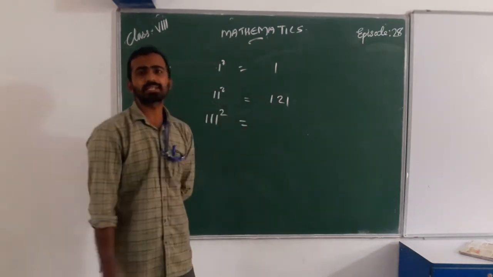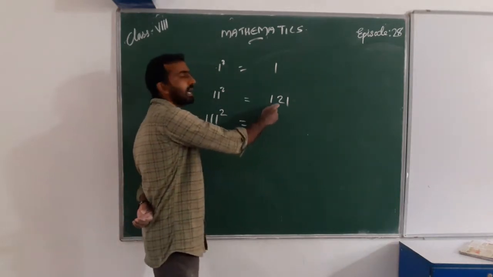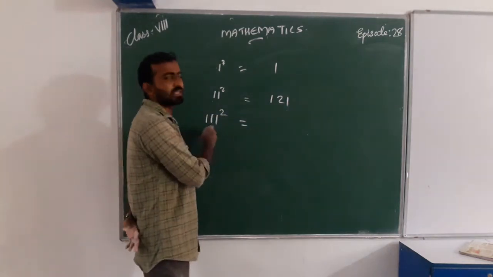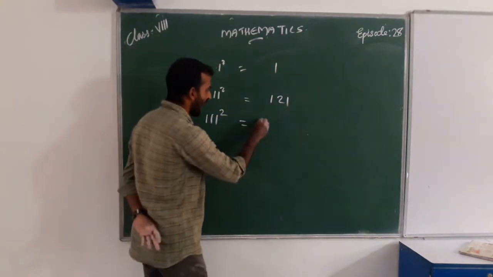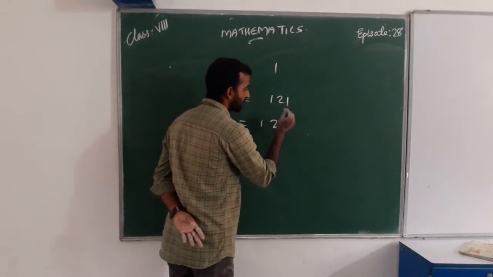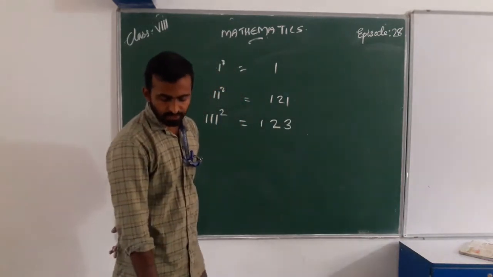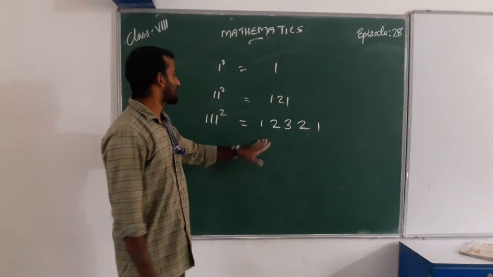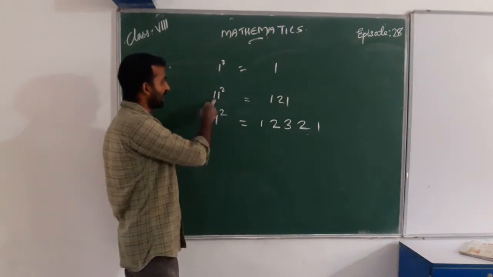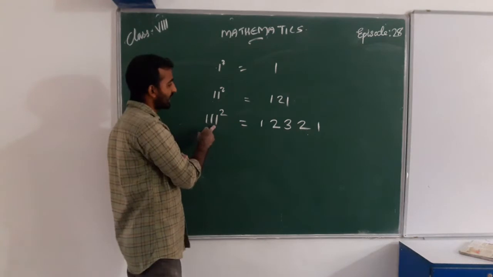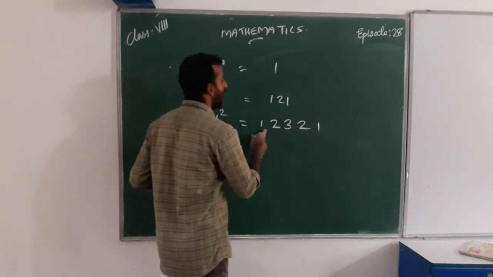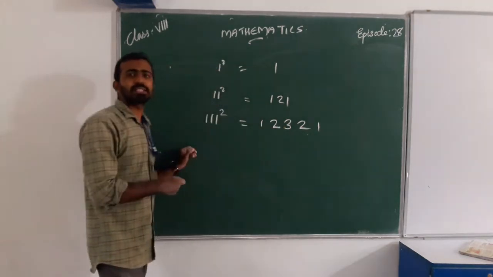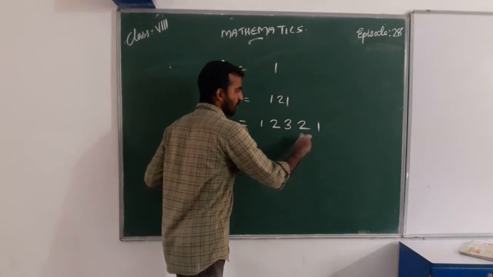When we take the square, we get a 3 digit number. We get 1, 2, 3, and this pattern has 3 digits and 2 digits, so 3 plus 2 is 5 digits: 1, 2, 3, 4, 5. That is 1, 2, 3, and then we reverse the digits, we get 2, 1.